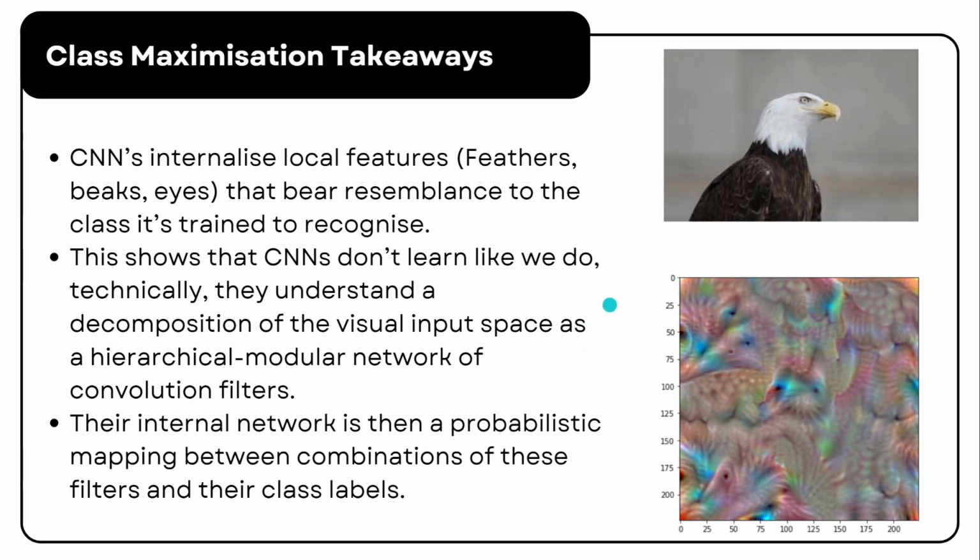So let's take a look at some key takeaways for this. CNNs tend to internalize local features, things like feathers, beaks, and eyes, that resemble the class they have been trained to recognize. But what's really interesting is that CNNs learn very differently from us.